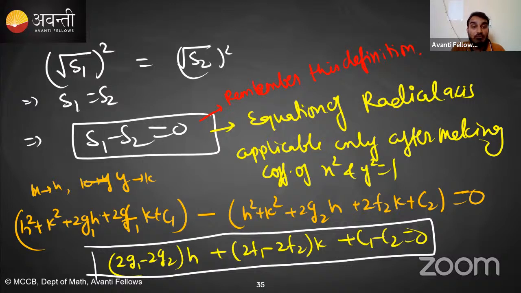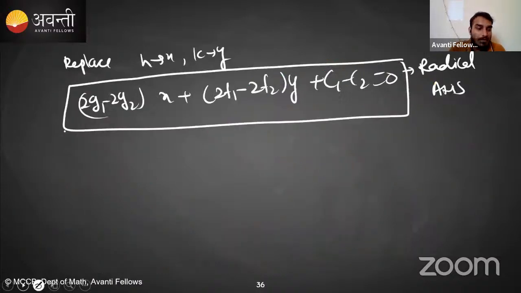First, make the coefficient of x square and y square 1, and then subtract the two circles. S1 minus S2 equal to 0 will give you the radical axis.